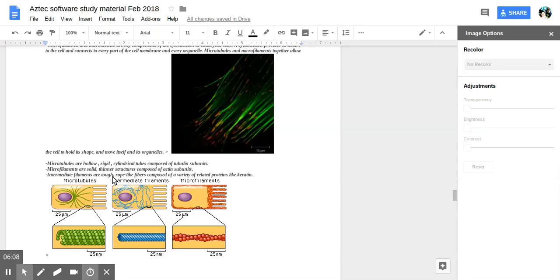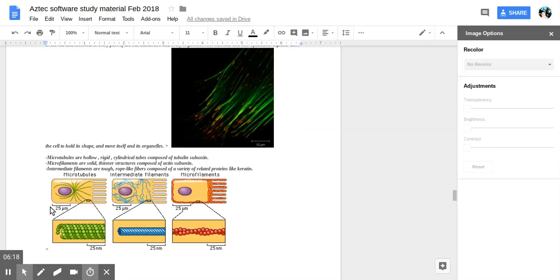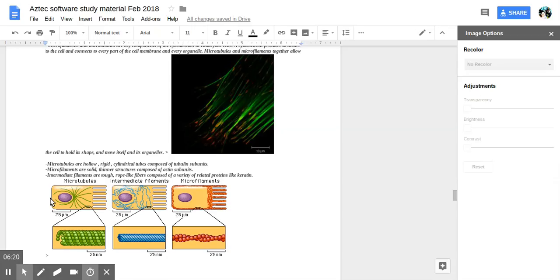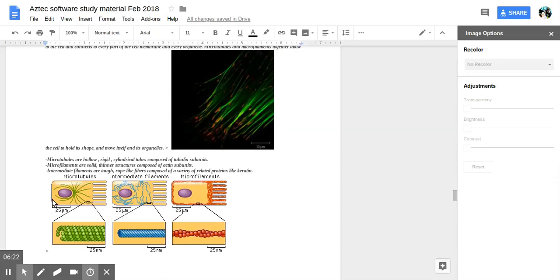Intermediate filaments are tough rope-like fibers composed of a variety of related proteins like keratin. So the picture here is showing microtubules and the subunits.